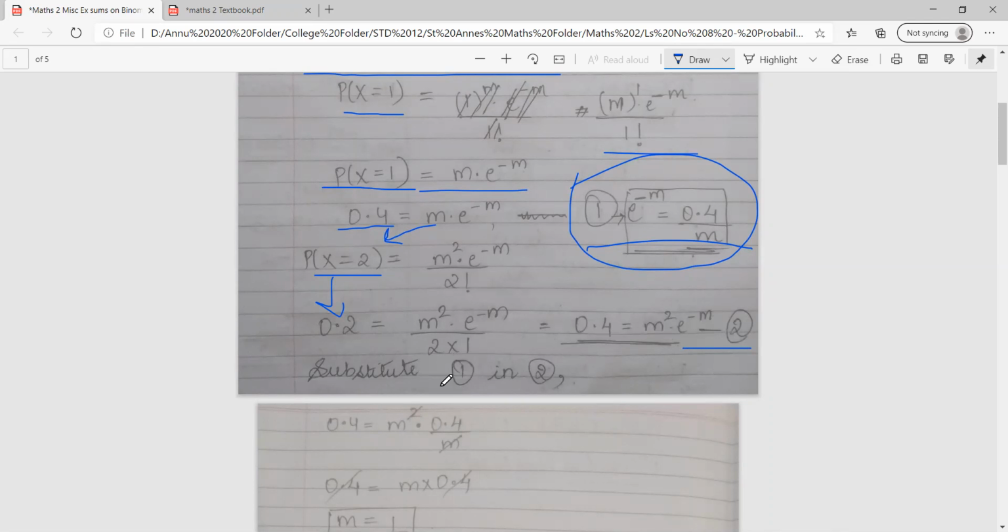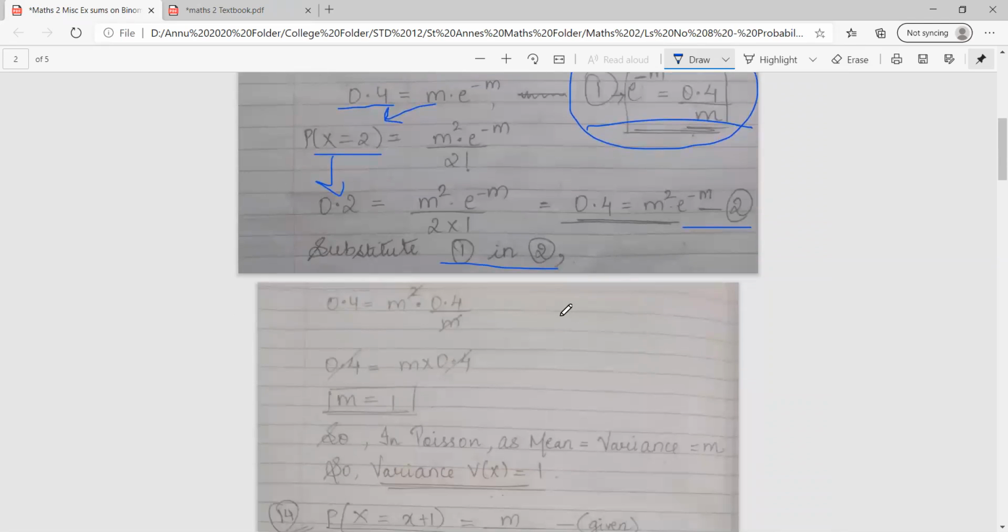I'll substitute 1 in 2. So 0.4 is equal to m square into 0.4 upon m, the value of e raised to minus m, which we found out in equation number 1. So 1 m will get cancelled. So I'm left with 0.4 is equal to m into 0.4.